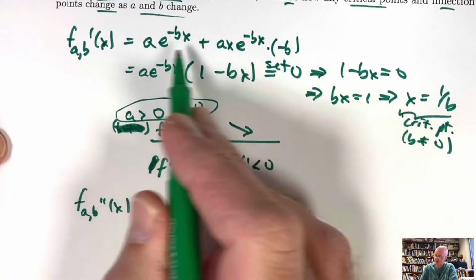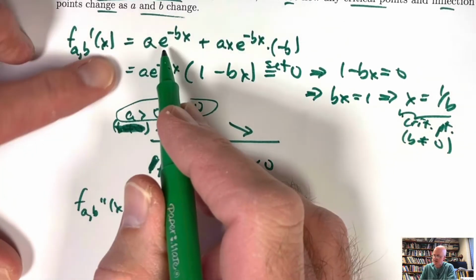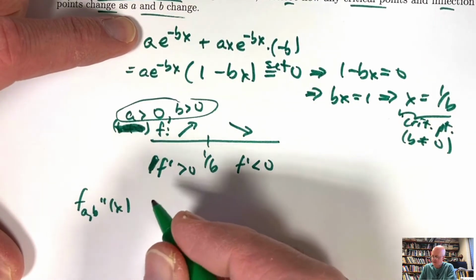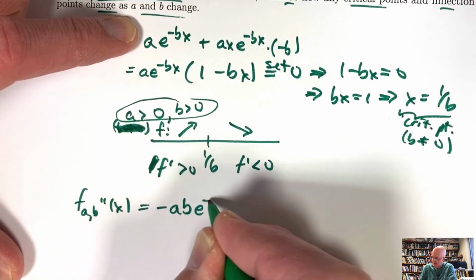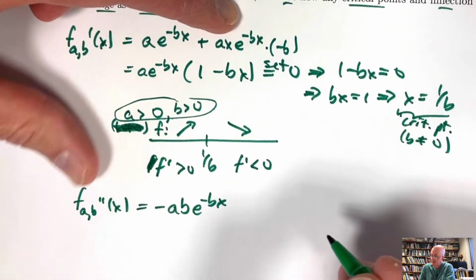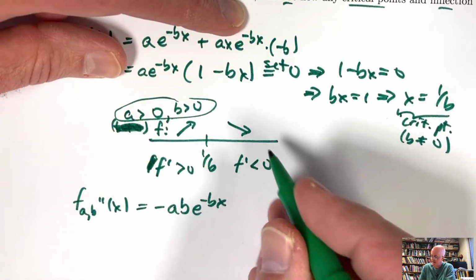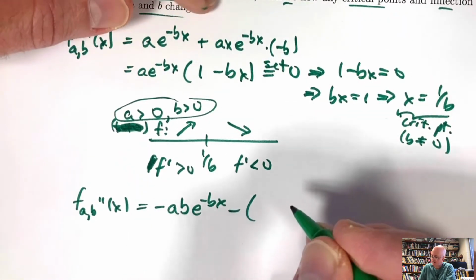You could take the derivative either in this form or this form. Let's go ahead and use this form. So the derivative of a e to the negative bx will be negative ab e to the negative bx. I just used the chain rule there. And for the derivative of this, I need the product rule again. Got a minus sign that I can bring in front. Let's be careful with it here.